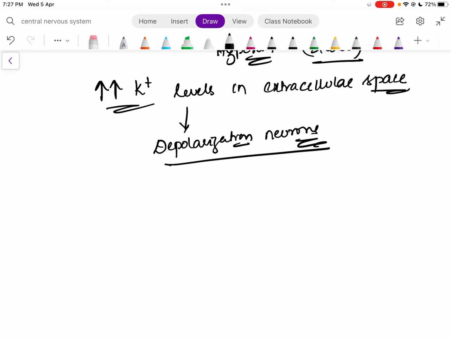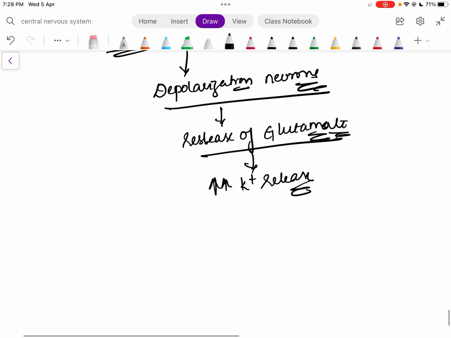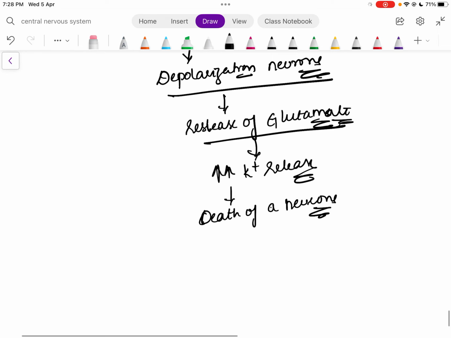This depolarization will cause release of glutamate, and this release of glutamate will further increase potassium release, and this will cause death of a neuron. So this will happen. So where do astrocytes come in?